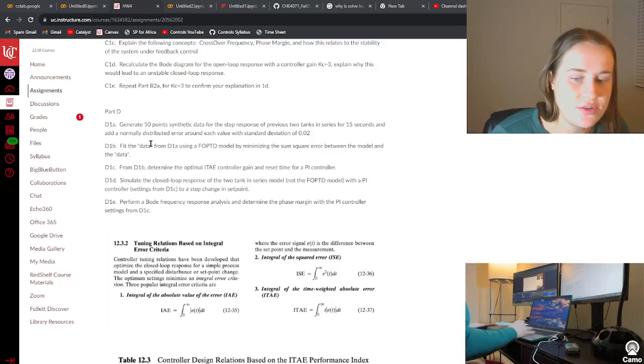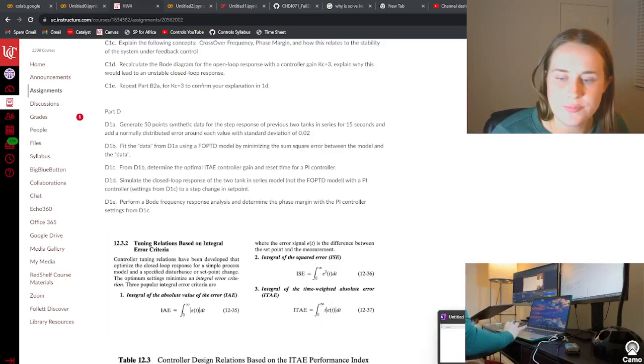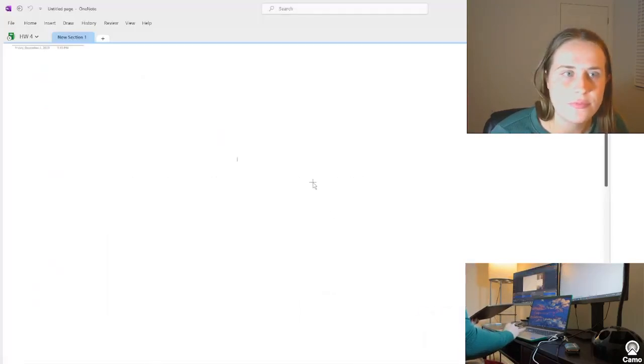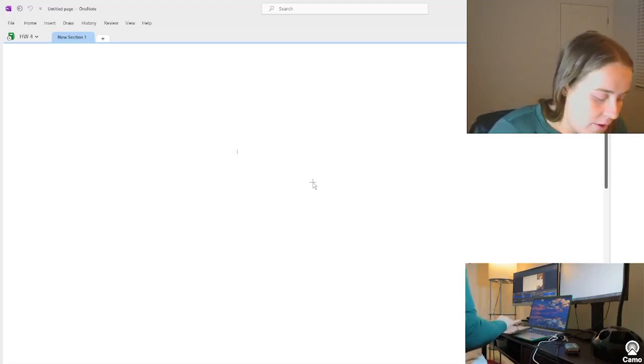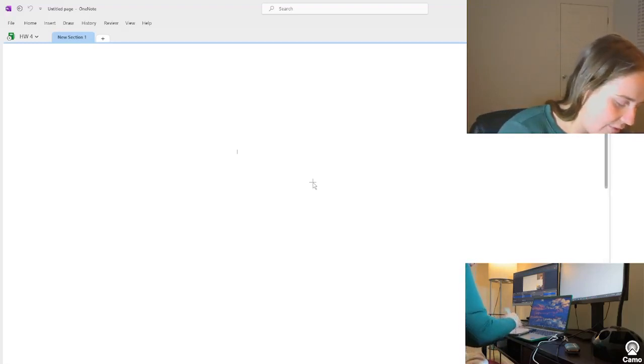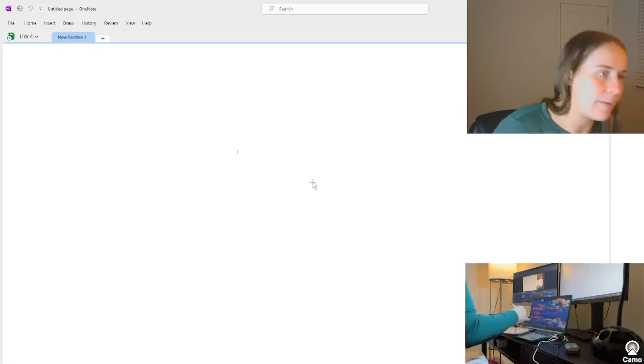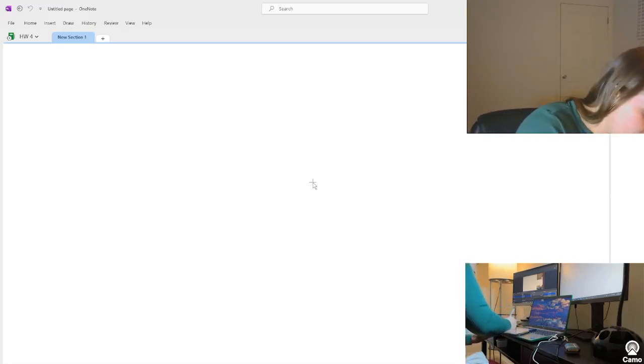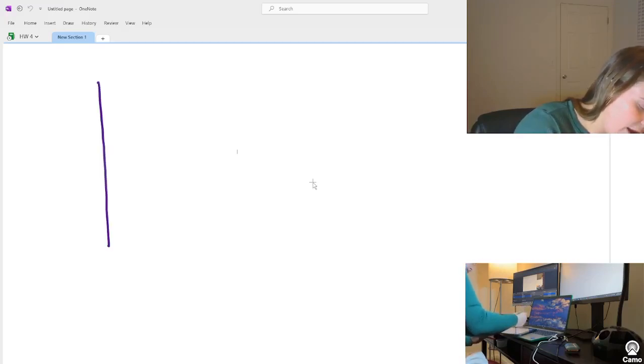So to do that, I want to show what this graph kind of looks like before I put it into Python. With all first order, we have this where it kind of goes like this.